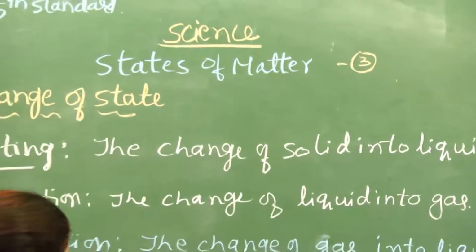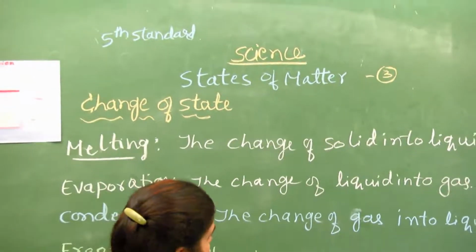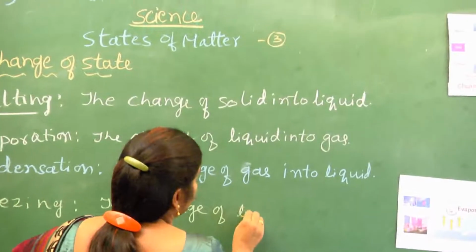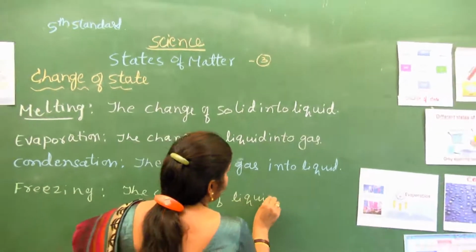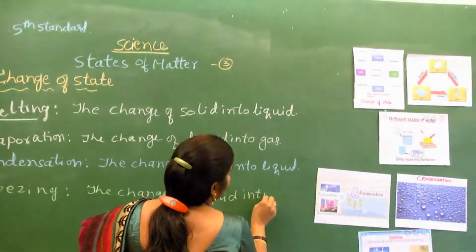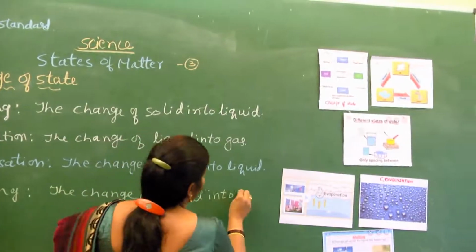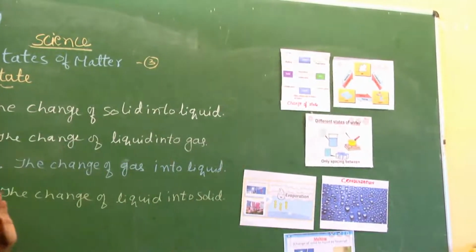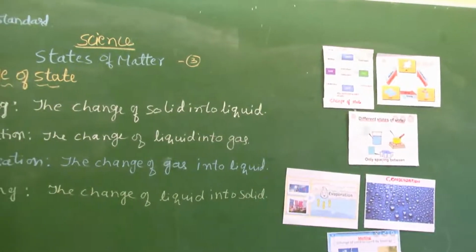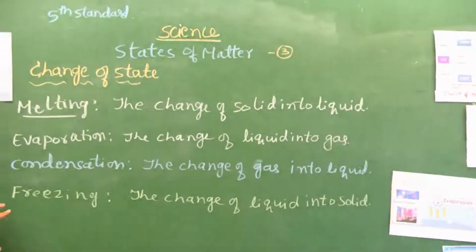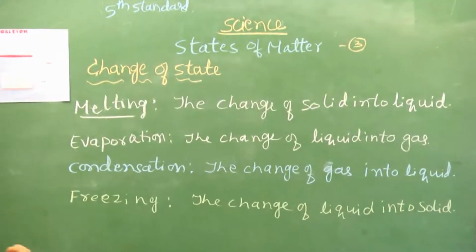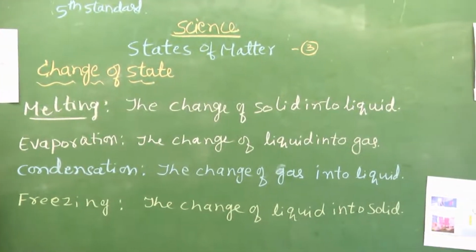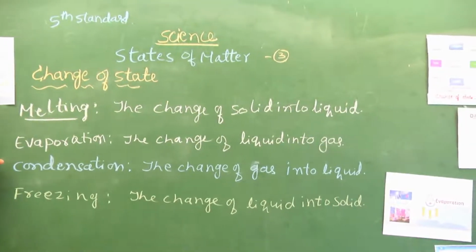The change of the state of matter from liquid, and then it gets converted into solid. It is also called solidification, or in common language, freezing. In that way, we considered the processes, where the first one is melting.